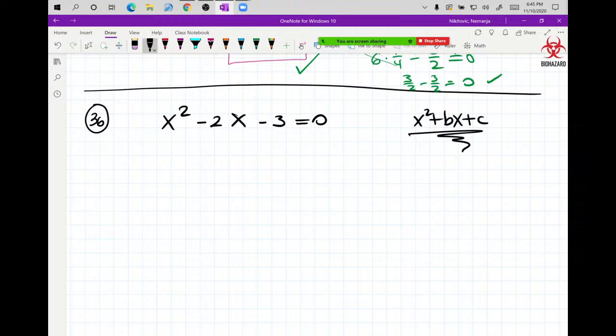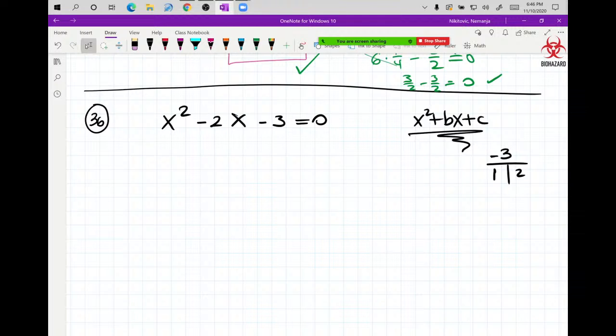Now this one is easy, because it's just 3, which are just 1 and 2. And if you want, I said this one is easy. It's not easy, right? It's not easy. So we need a negative 3, which means one needs to be negative, one needs to be positive.